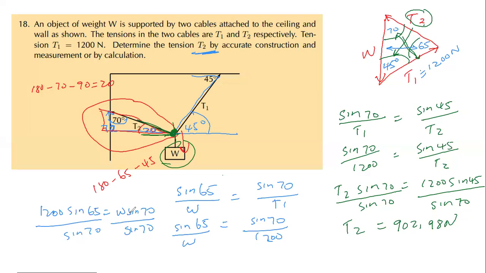So let me see. 1,200 sine 65 all over sine 70.